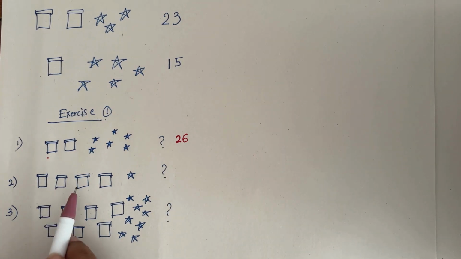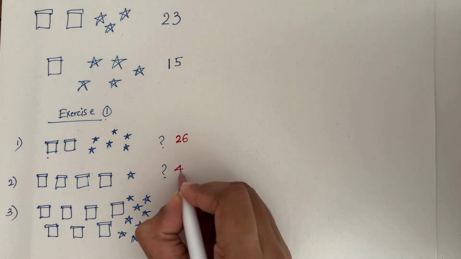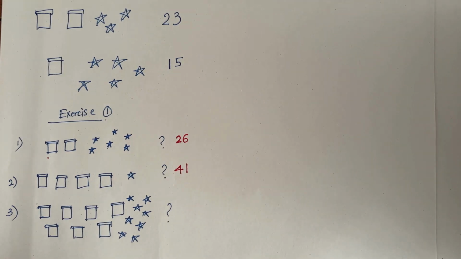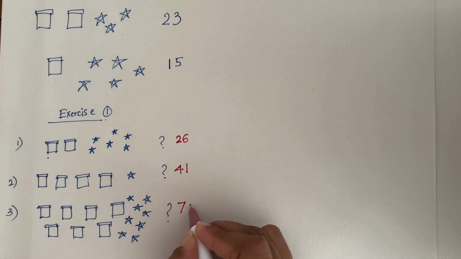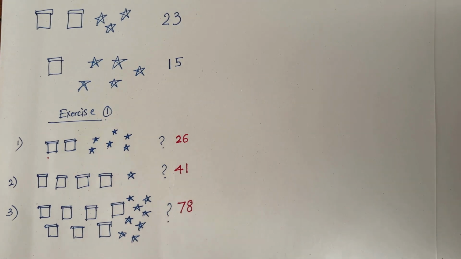Here we have 4 boxes and 1 single star, 41 stars altogether. Here we have 7 boxes, that means 7 boxes of 10 stars, 70 stars altogether. And here we have 8 single stars. Altogether we have 78 stars.